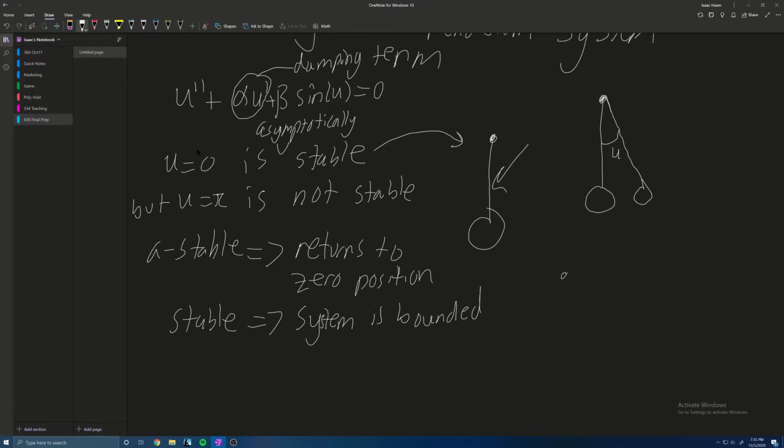That means that the pendulum, whatever angle you started at, would just rock back and forth, back and forth, but it would be bounded by whatever angle we started at. So that's what stability means. Not stable means the system is unbounded.